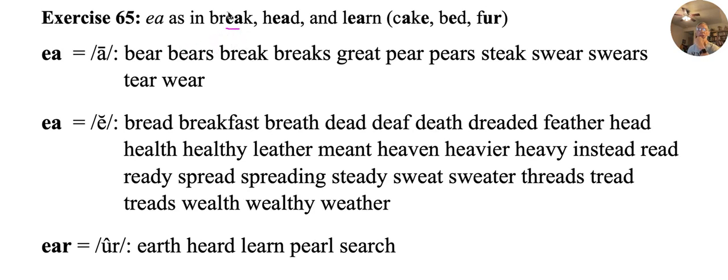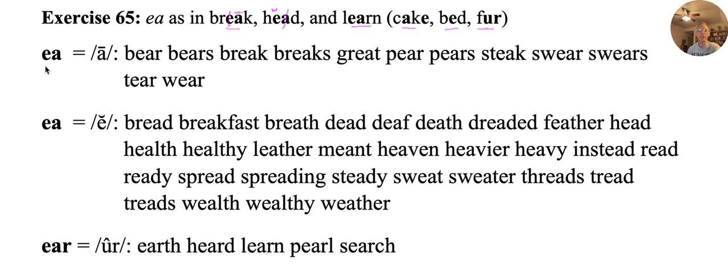It can, which would be like this, with the E silent, break. It can say the short E sound, as in head, and with an R here, it can have the sound in learn. Our key words are cake, bed, and fur in the phonovisual chart.